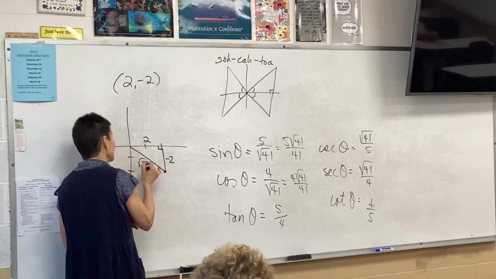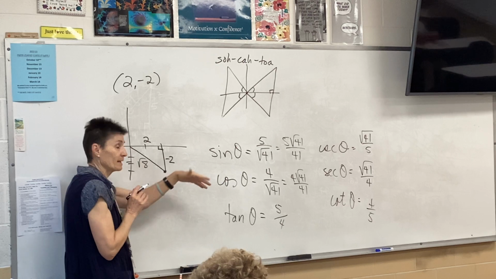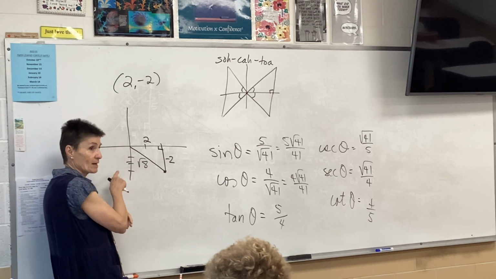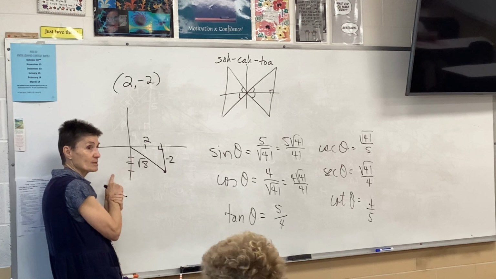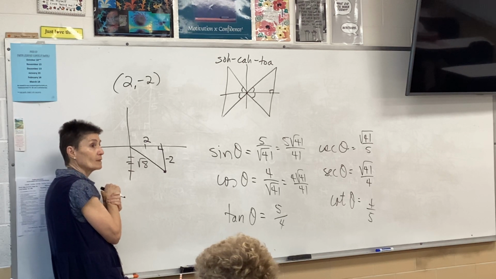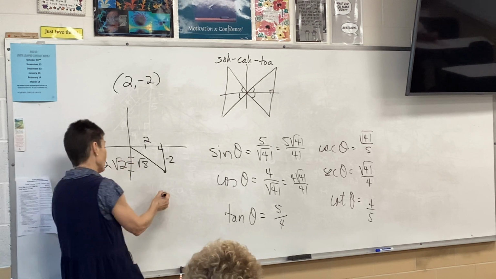Now, what is different about the square root of 8 compared to like the square root of 41 that we had in the last problem? This one actually simplifies. How does the square root of 8 break down? 2 square roots of 2. That's exactly right. Remember that deal?